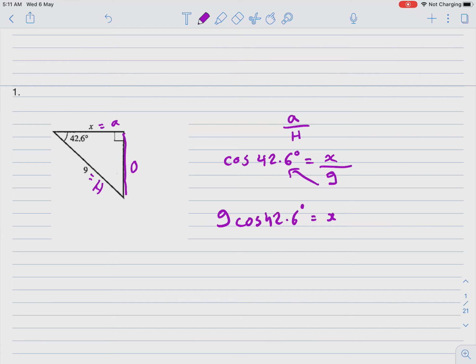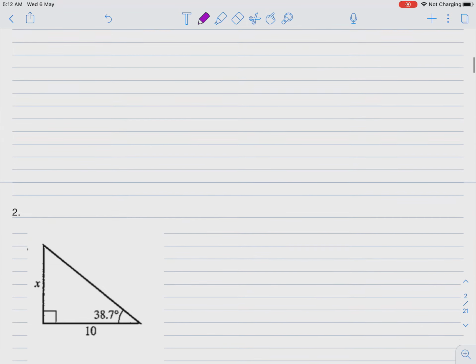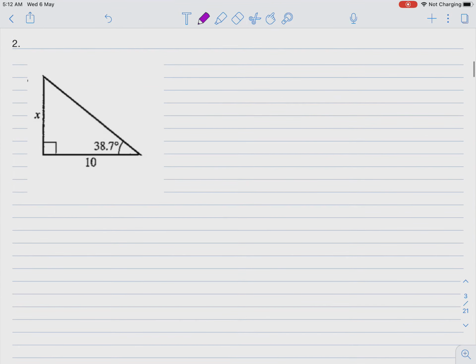So 9 cosine 42.6, and after you calculate the side, it is equal to 6.62 units, because here they didn't mention the units. So x is equal to 6.62. This is the length of x. Now, notice that I rounded my answer to 3 significant digits. This is number 1. Let's move on to number 2.